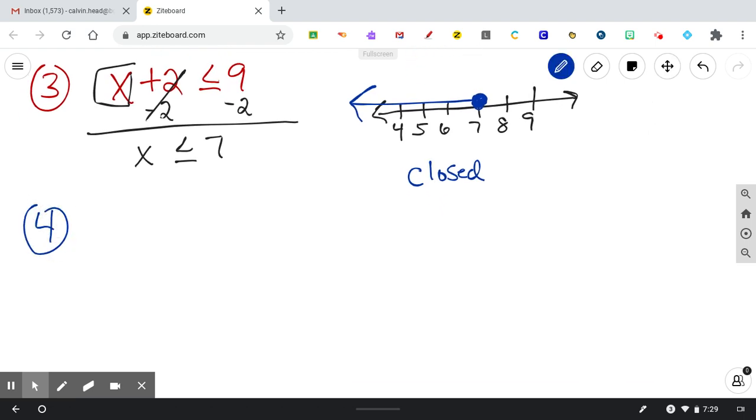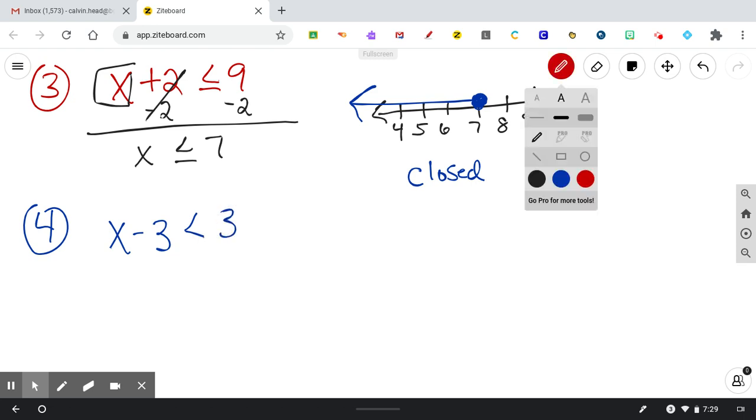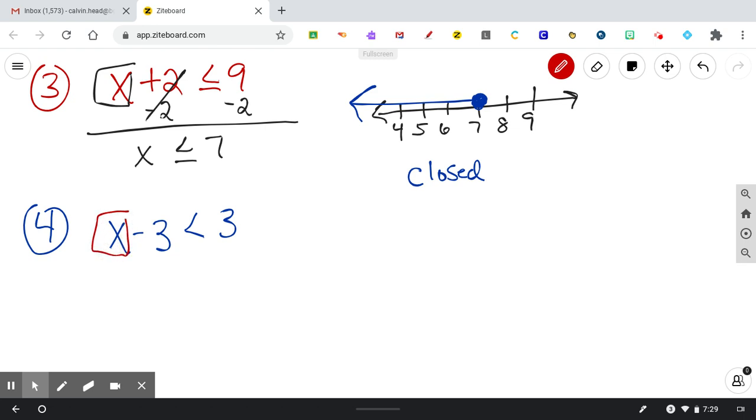Number 4. Have x minus 3 less than 3. So again, remember, I'm trying to get my x by itself. So I solve this by doing the opposite. So I'm going to add 3 on both sides. That cancels. We get x less than 3 plus 3 is 6.